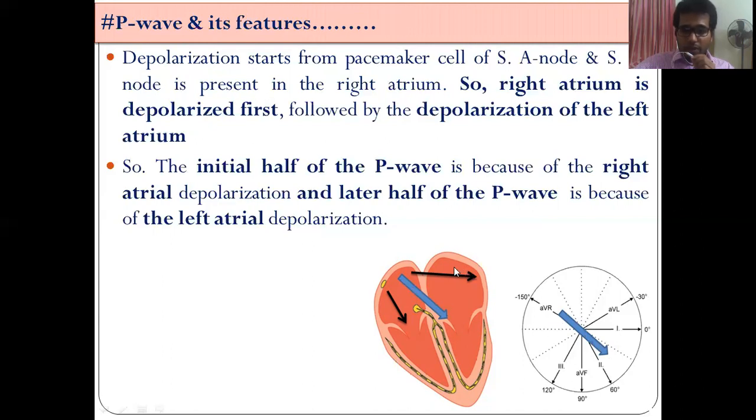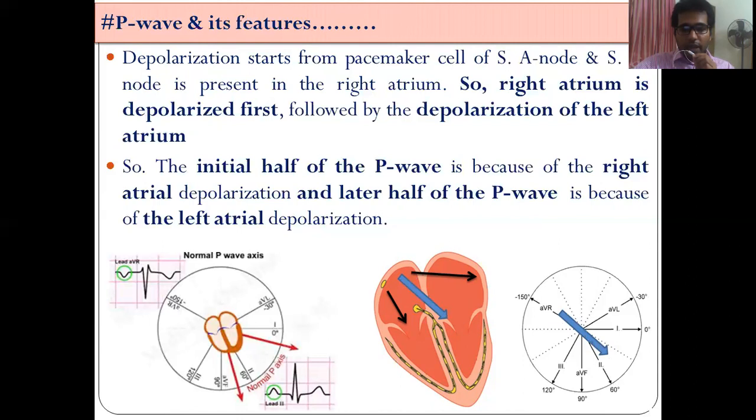The net axis of the P wave lies between plus 30 degrees and plus 75 degrees.